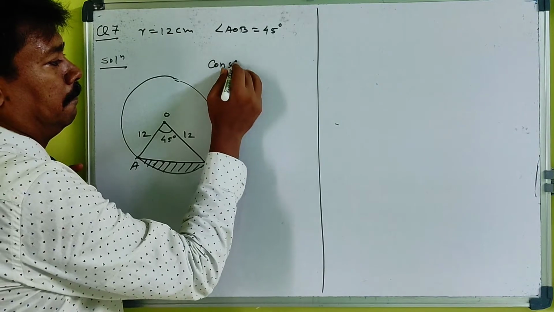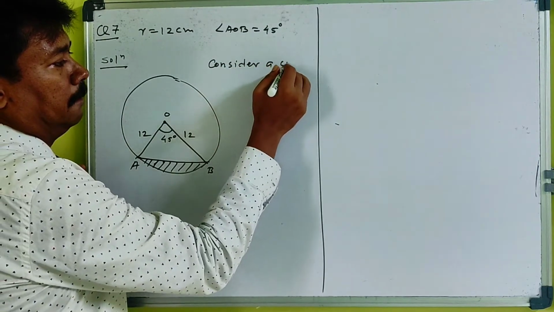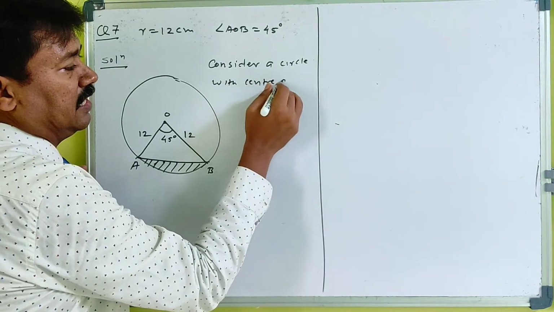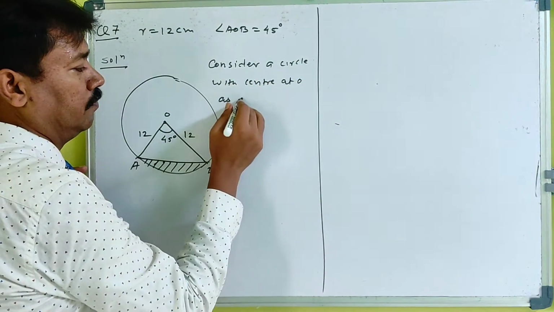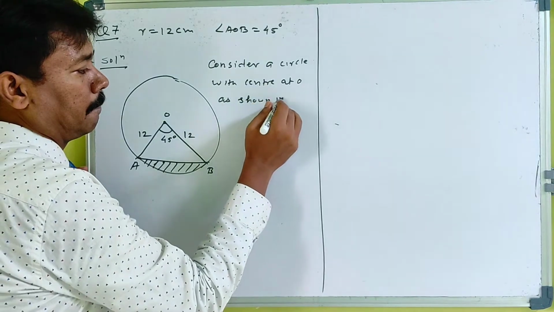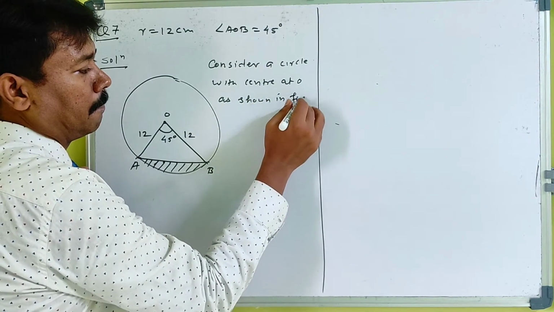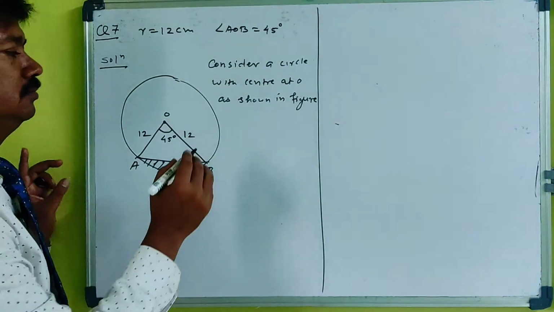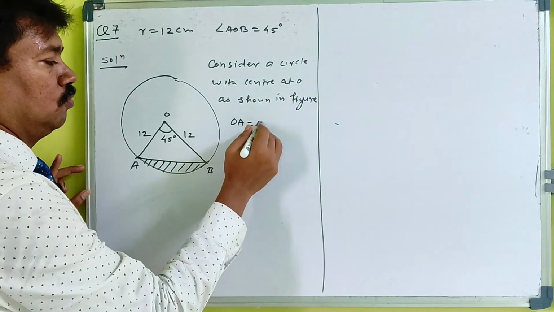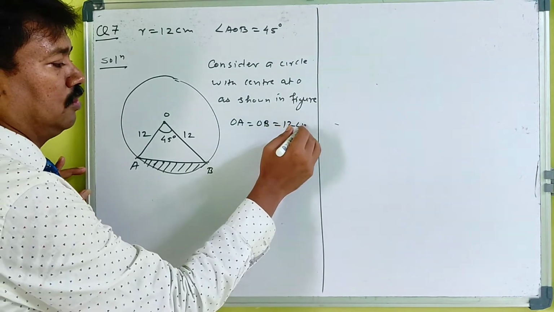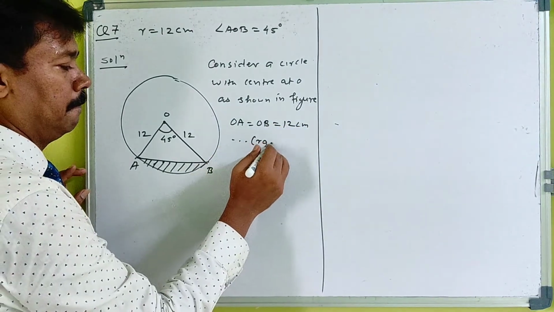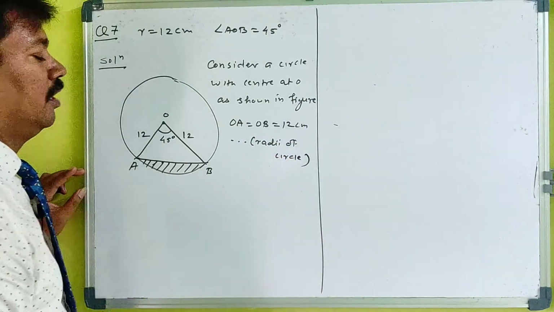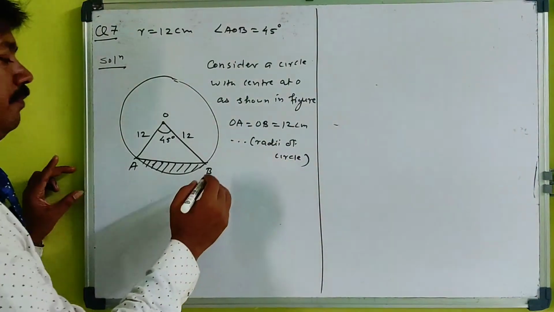Consider a circle with center at O as shown in the figure. OA is equal to OB is equal to 12 centimeter, as they are radii of the circle. What is the reason here? It is a radii of the circle.